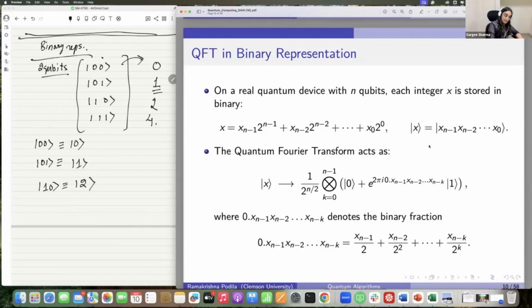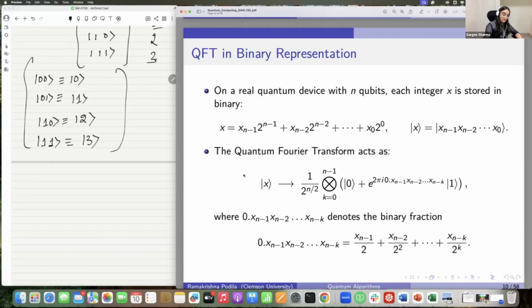Sorry, this is not 4, this is 3. Any questions on this? This is just straightforward, no? Okay, no questions. I hope it's clear.